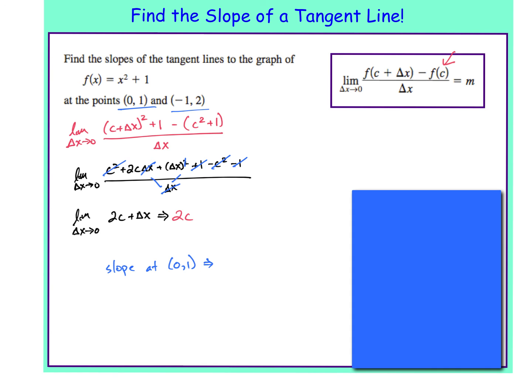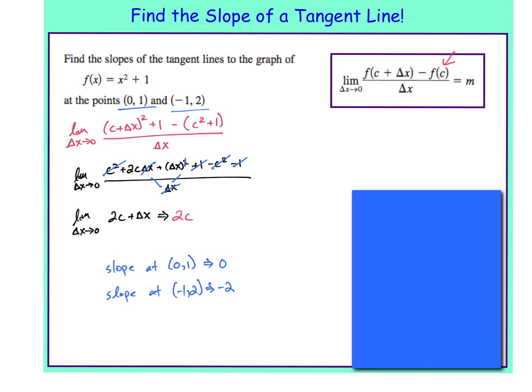So I substitute in my x coordinate, 0. 2 times 0 is 0. And now I want to find my slope at negative 1, 2. So now I substitute a negative 1 and I end up with negative 2.